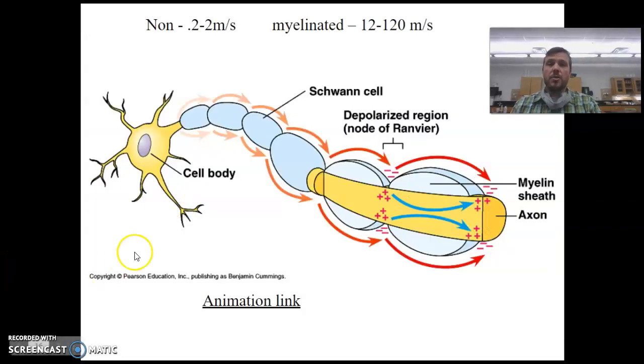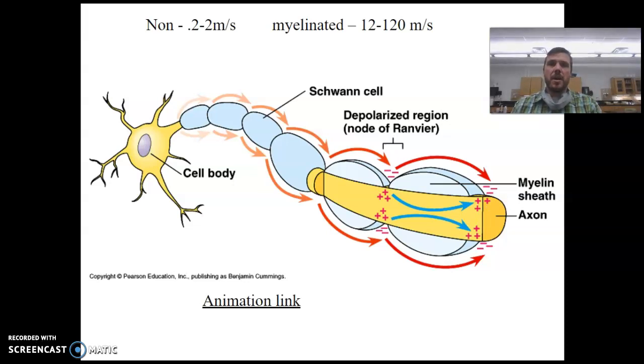So this is a more close-up view of that. Here we've got our generalized neuron again, and you can see that we just jump from one node of Ranvier to the other, and we only depolarize in that node of Ranvier, and then it can jump ahead to open the voltage-gated channels and continue doing it.